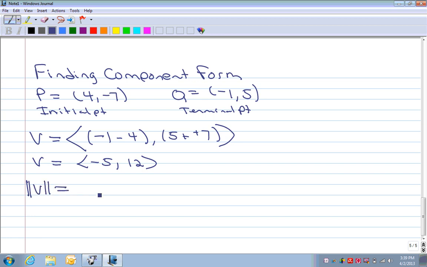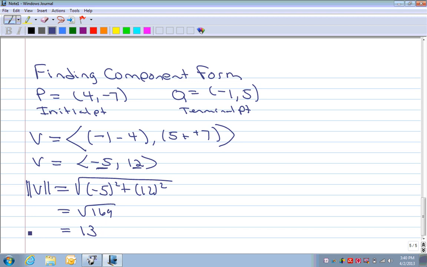Remember I said if it's in component form, you've already done your basic work from your original distance formula, you've already done the x2 minus x1 and the y2 minus y1. So you're going to have simply the square root of negative 5 squared plus 12 squared, which is going to give you the square root of 169, and the square root of 169 happens to be 13.